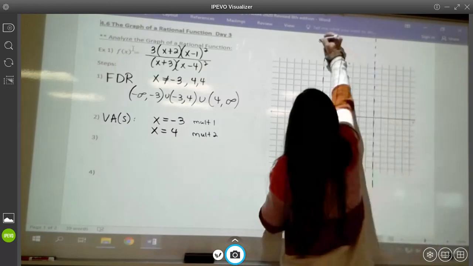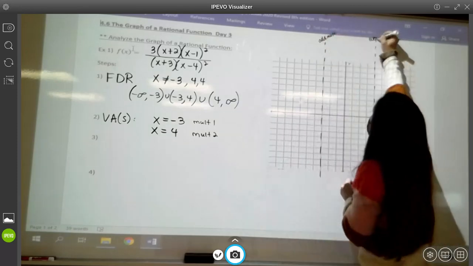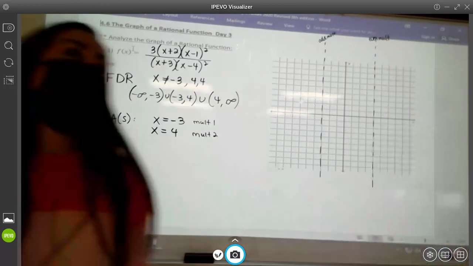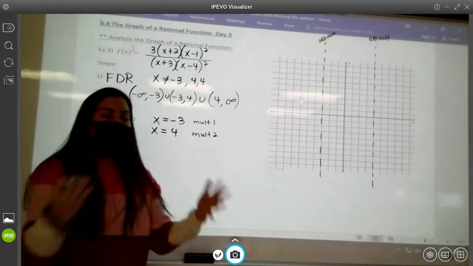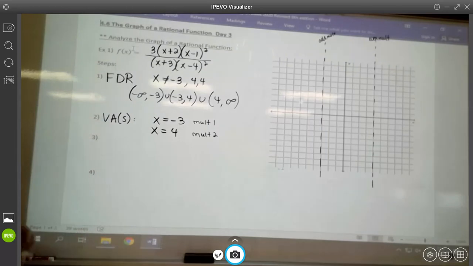So this one had odd multiplicity at -3, and it had even multiplicity at 4. Because again, we're all about shortcuts: the quickest way to put this graph together without having to plug numbers in. So that'll be a clue that we can use later.